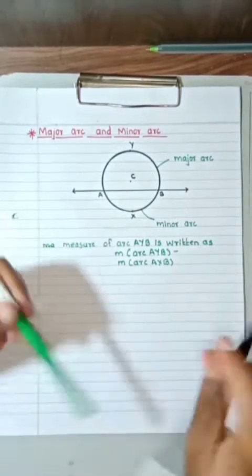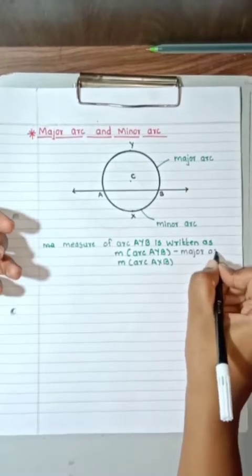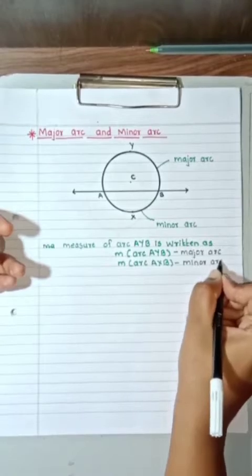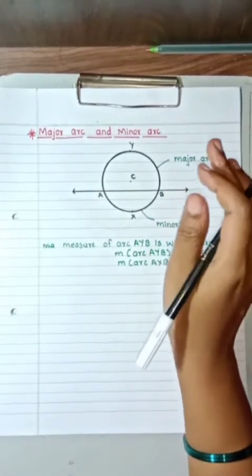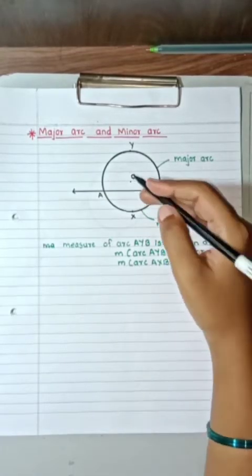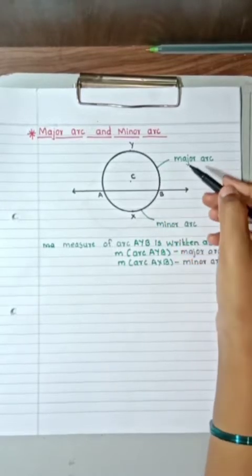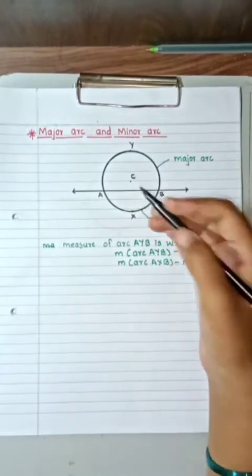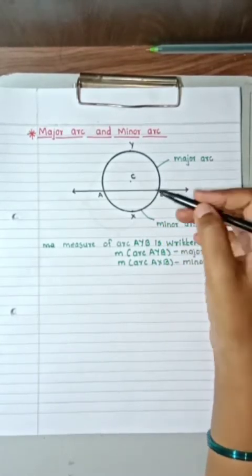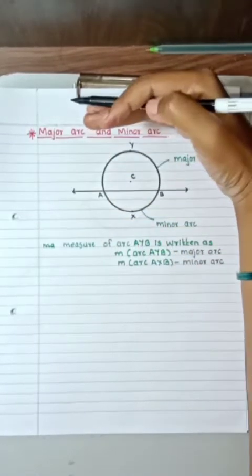I'll write it with another pen: major arc, and AXB is the minor arc. In short, you can write the measurement of arc AYB or measurement of arc AXB as I have written over here. Now children, let us write down the definition of major arc and minor arc for your more information. I hope you will all note it down in your notebook.